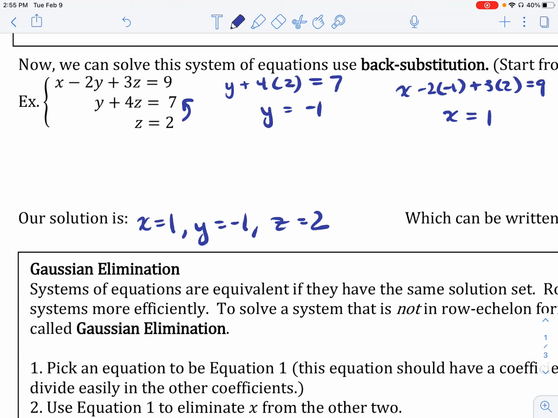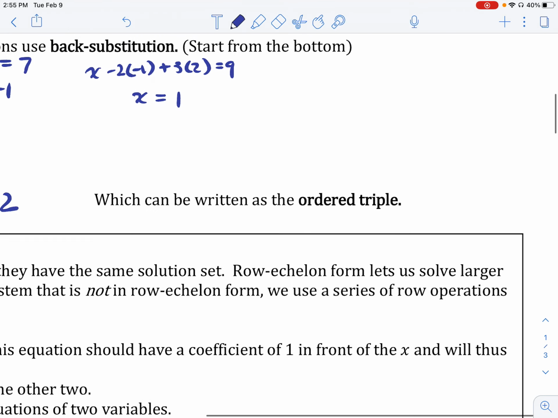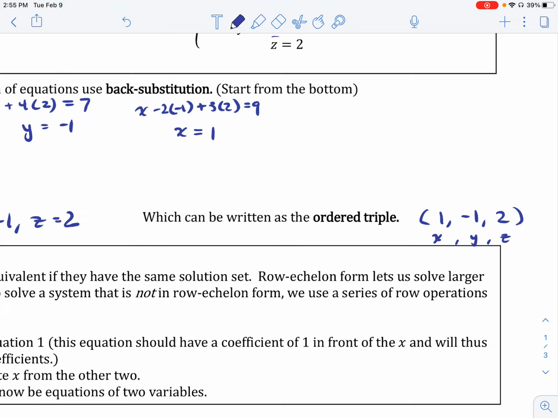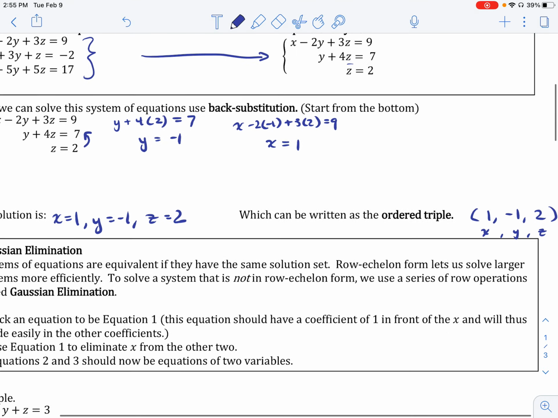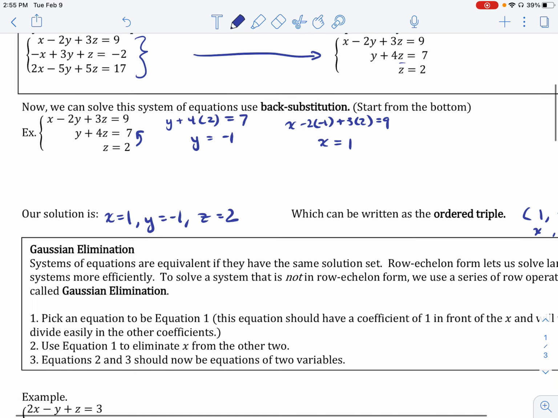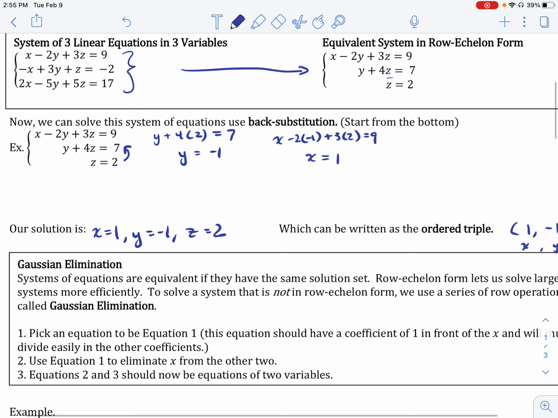And just like we wrote a system of equations solution as an ordered pair in the warm-up, we're going to write this solution as what we call an ordered triple, where this would be (1, -1, 2), where it's implied that the first value is x, this is the y, and this is the z value. So the benefit of writing a system in REF is so that we can do back substitution to find the unique solution that satisfies all three equations.